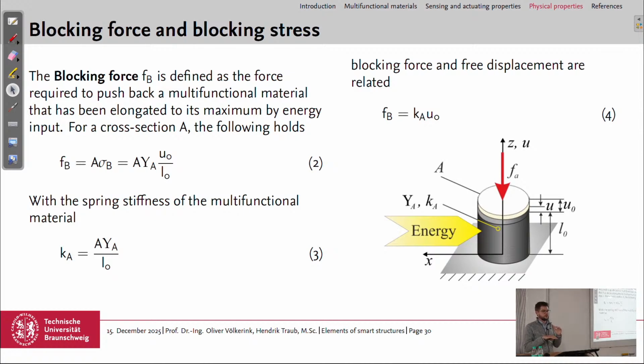So if you first measure the free displacement without any constraints, then you have this transducer, for example, this cylindrical one, extended to its maximum, L0 plus U0. And if you then push it back to L0 again, while the electric field is still applied to the transducer, then you get the blocking force.